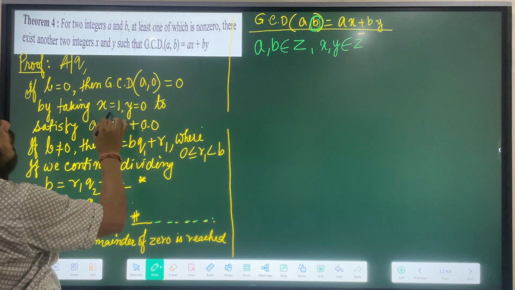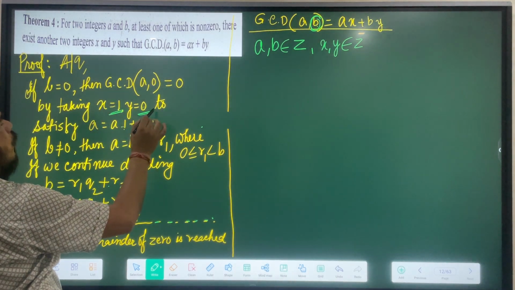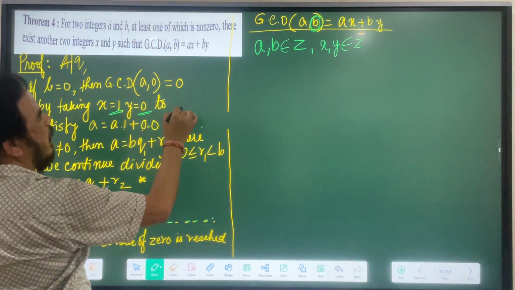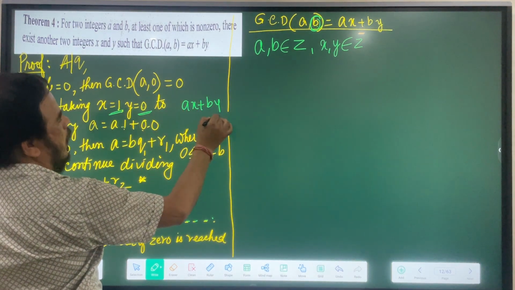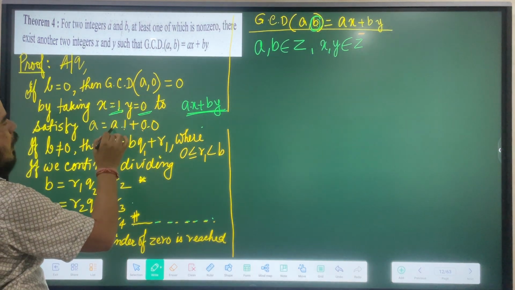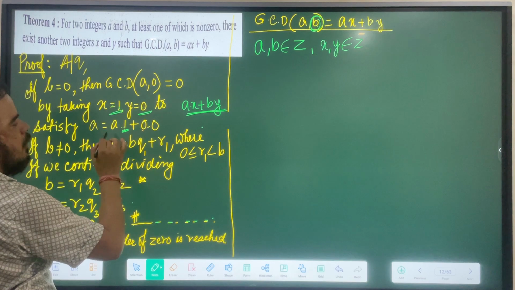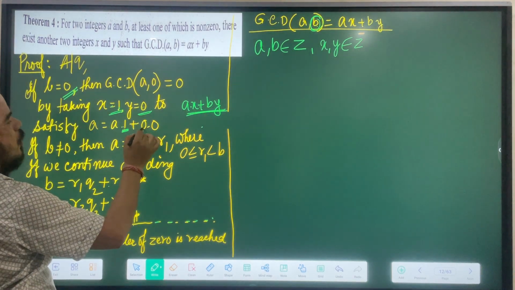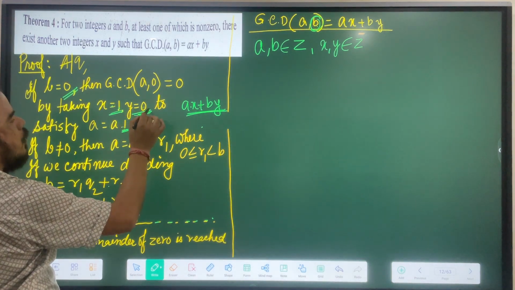By taking x equals 1 and y equals 0, we satisfy ax plus by. X is 1, so a into 1, plus b is 0, y also 0, so 0.